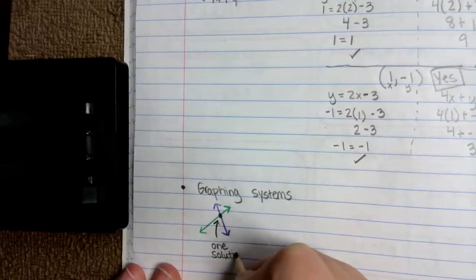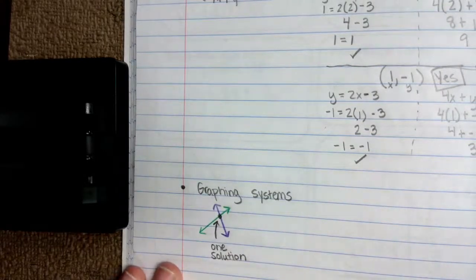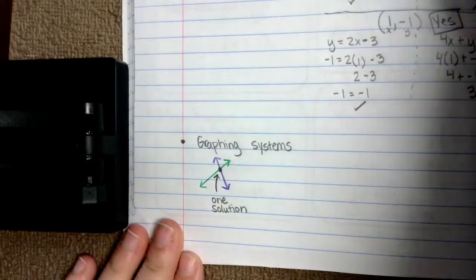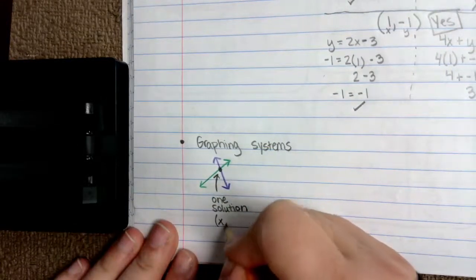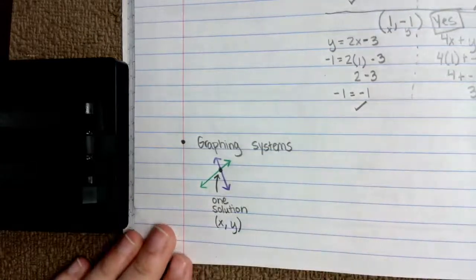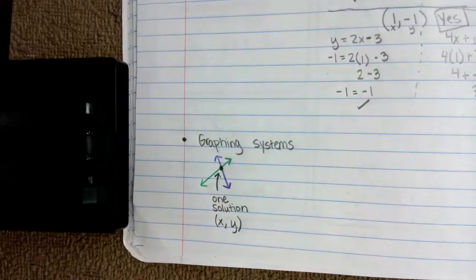And remember, how do we show that solution today? That is our x, y. It's an ordered pair. Okay, so one option is that the 2 lines might cross. And how many times can they possibly cross? Just once. Can they cross twice? No, not if they're straight lines.